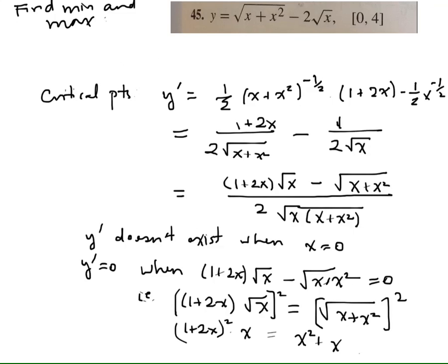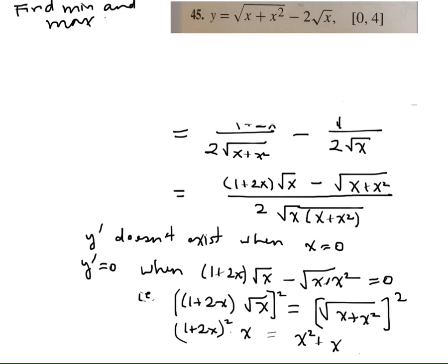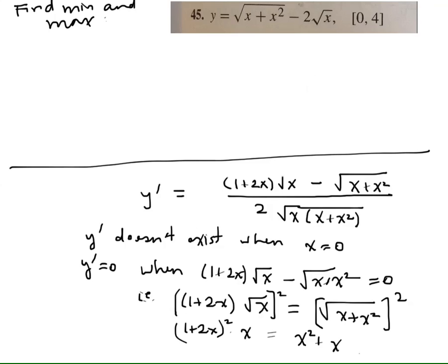Okay, I'm going to erase some of this top stuff now that we've got the derivative. Just leave some of that there. Okay, so let's see. I'm still solving for when y prime equals 0. If I expand out the left-hand side, I get 1 plus 4x plus 4x squared times x equals x squared plus x.